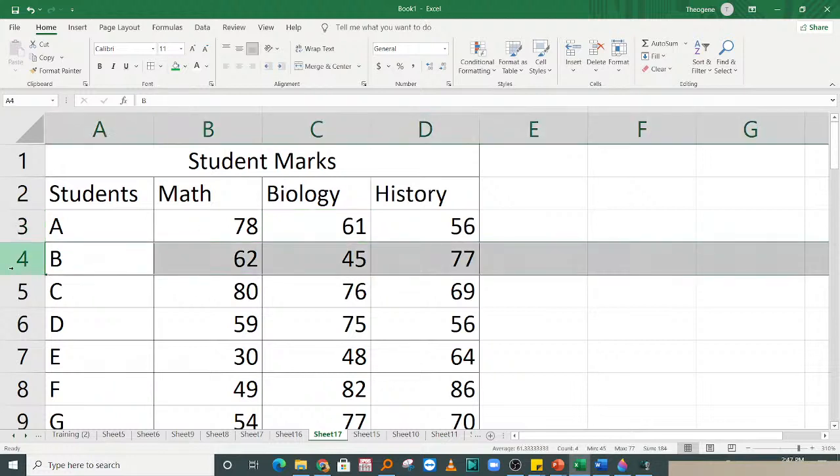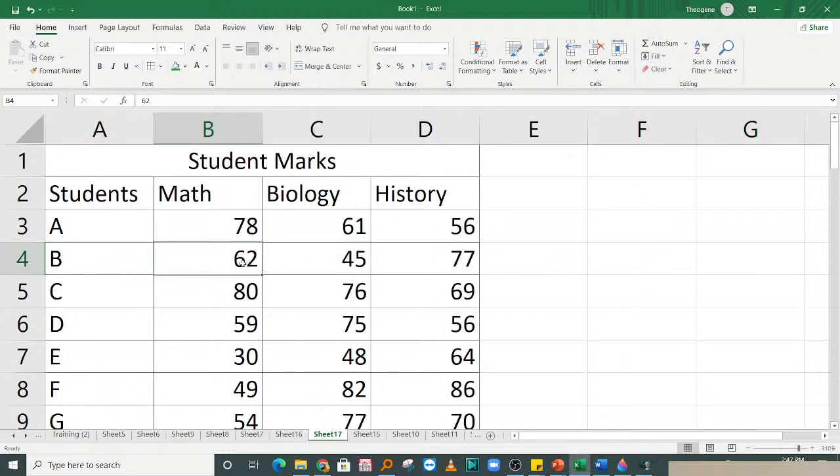So student B has 62 in math, 45 in biology, and 77 in history. So this one can be a good politician. He knows how to keep history.